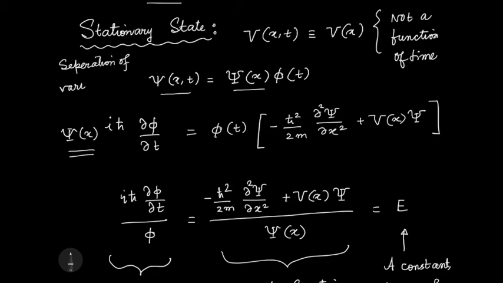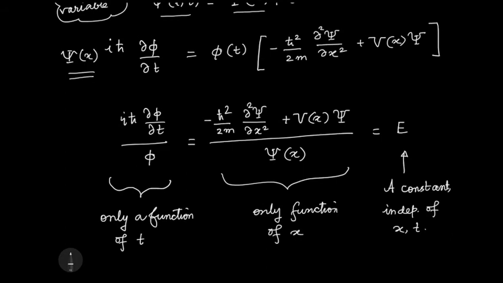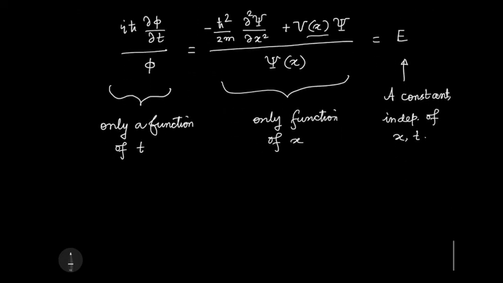And you see, if V was a function of t also, it would not have been possible because here I will get a time dependence. But that is not the case we are dealing with. We are dealing with stationary states, which are the cases where V is not a function of t.